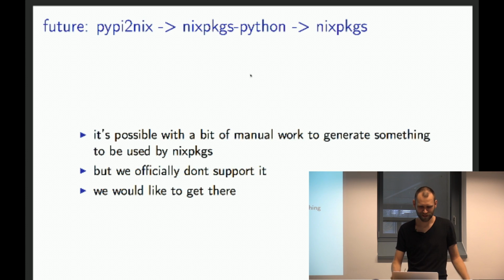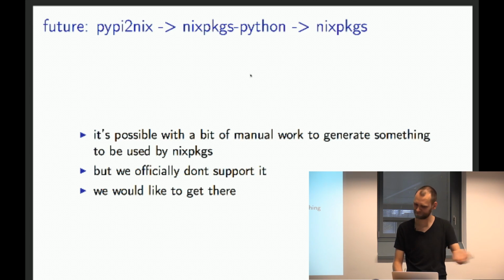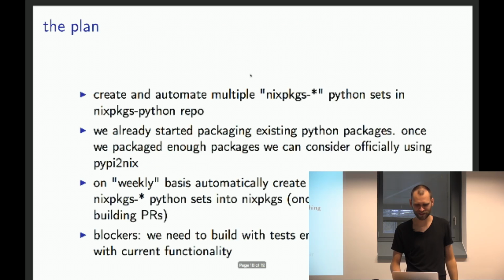But we definitely don't support this now. Don't expect us to integrate well with your Nix packages needs for now, because we are just not there yet. We would like to support that, but for the reasons I already explained, it's a little bit difficult.